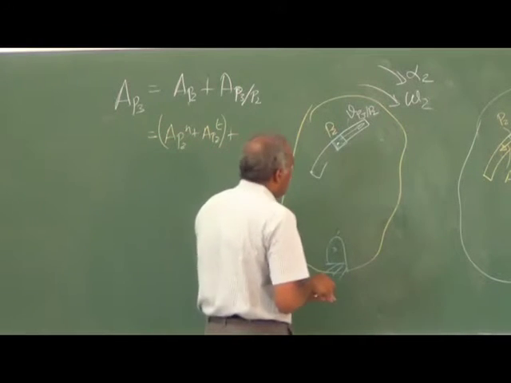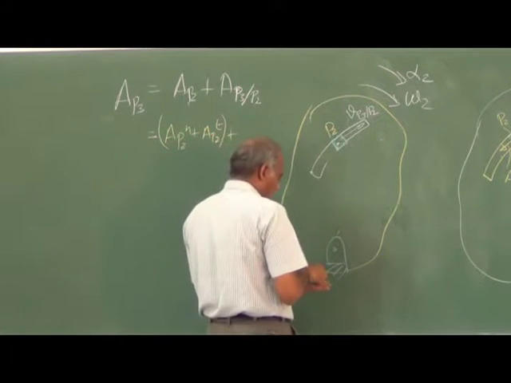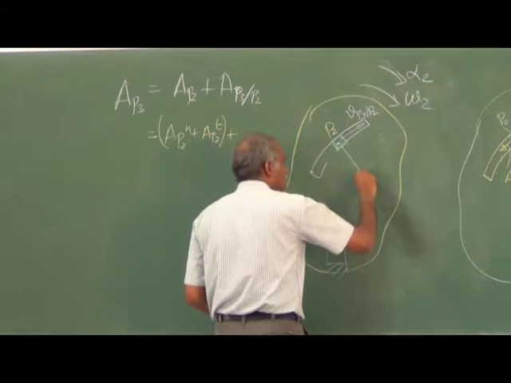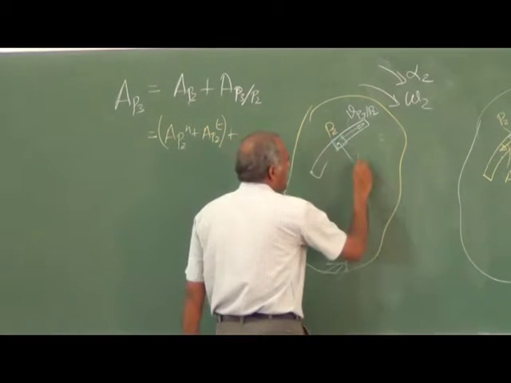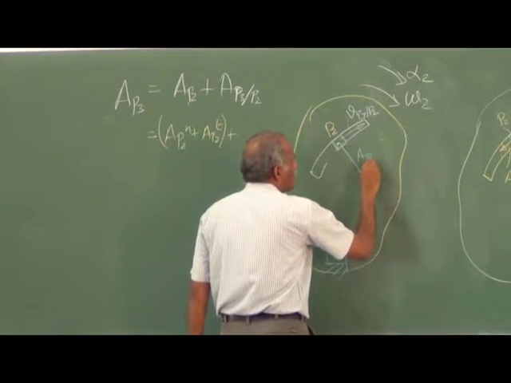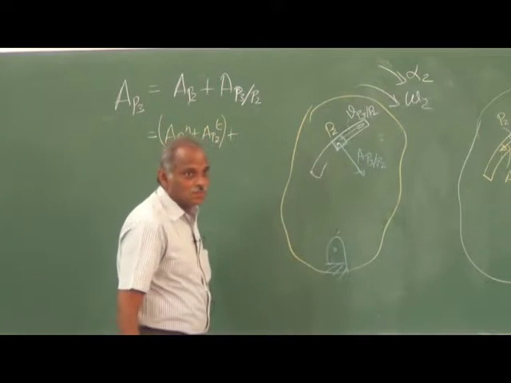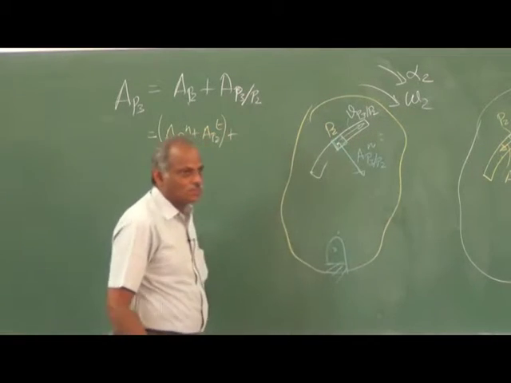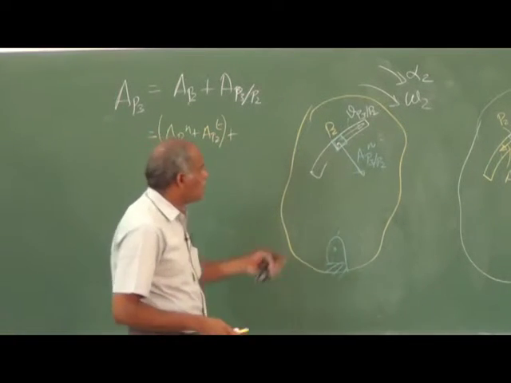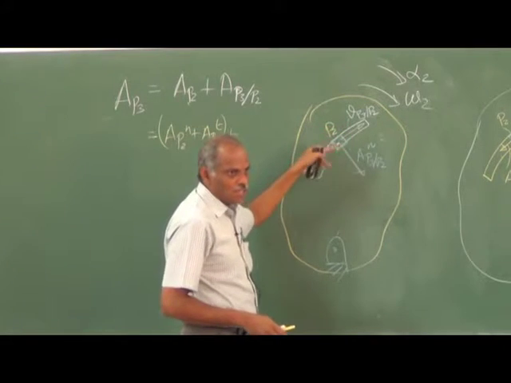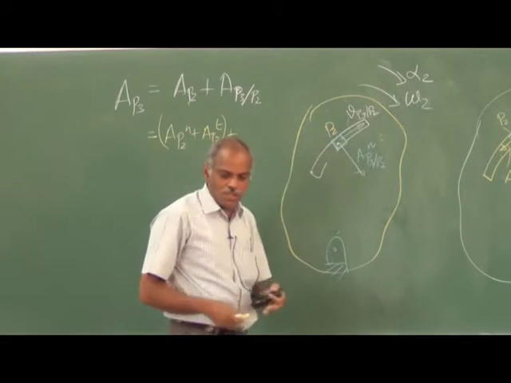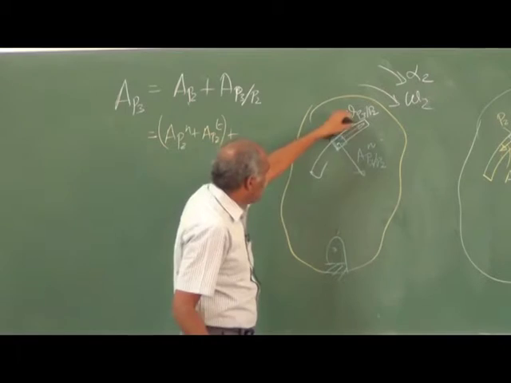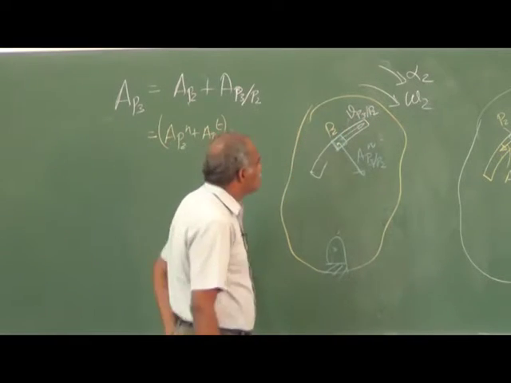Then it will have a component like this, that is acceleration of P3 with respect to P2. That is the normal component. That is because it is not following a straight path, its direction will be shifting.